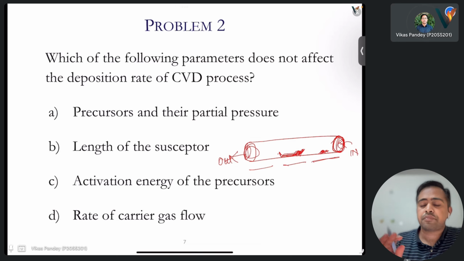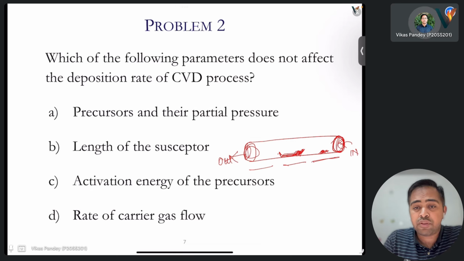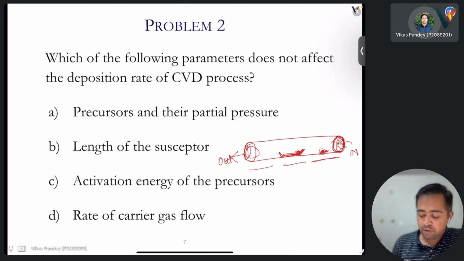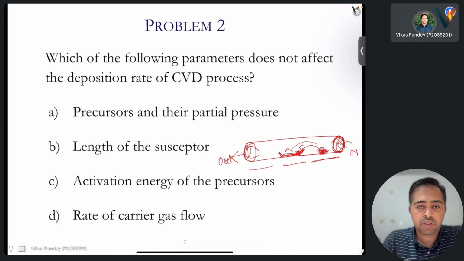The partial pressure of the precursor will have an effect on the final deposition, because how much amount there is, how well it is flowing, and how it is deposited will affect the deposition rate of the CVD process.